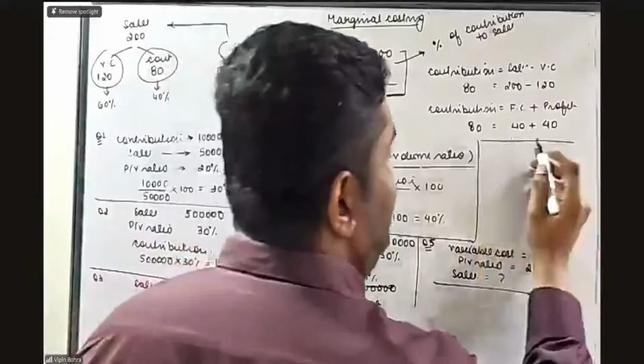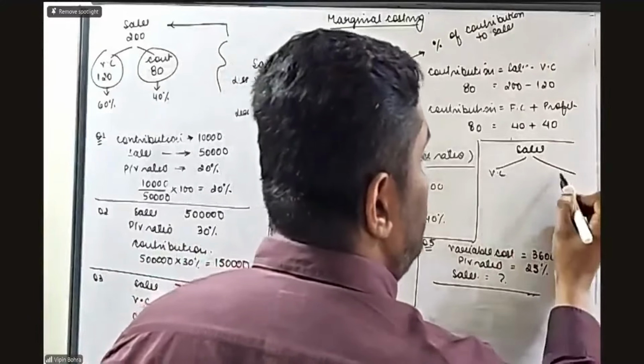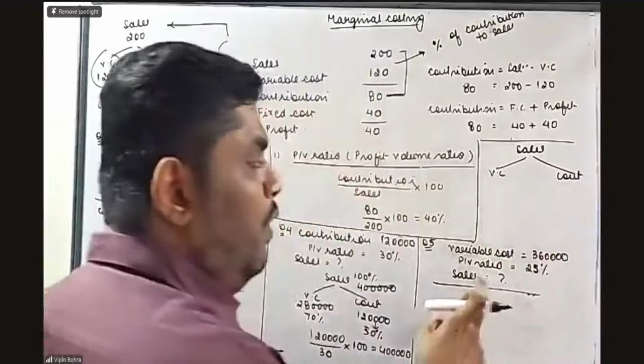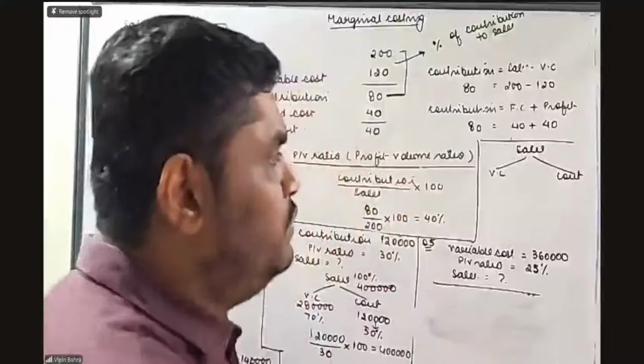Sales can be divided in two parts, that is variable cost and contribution. What is PV ratio? PV ratio says the percentage of contribution to sales.